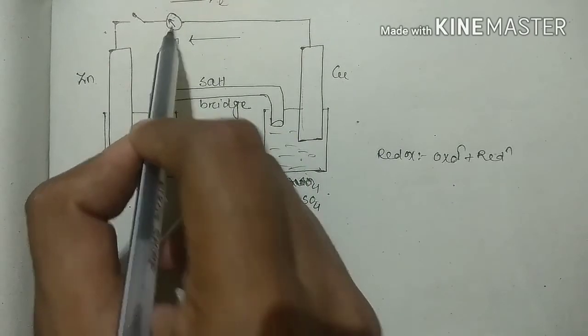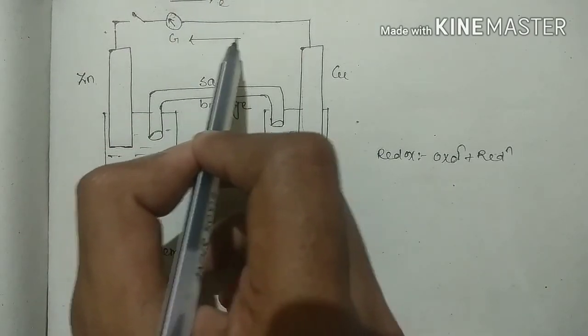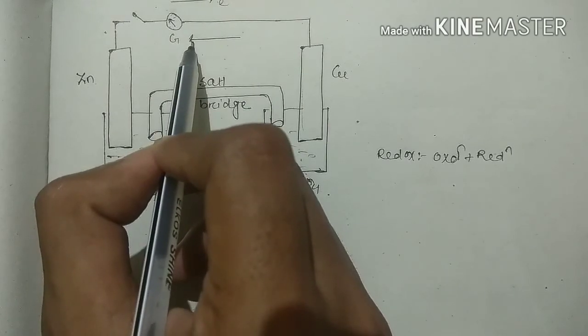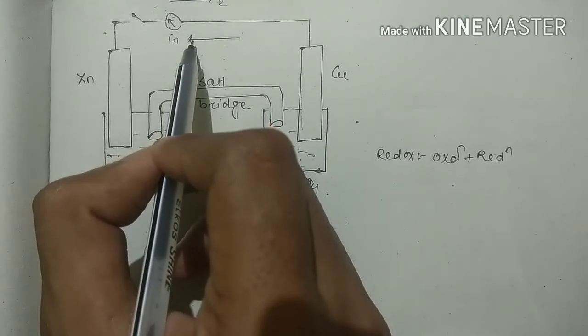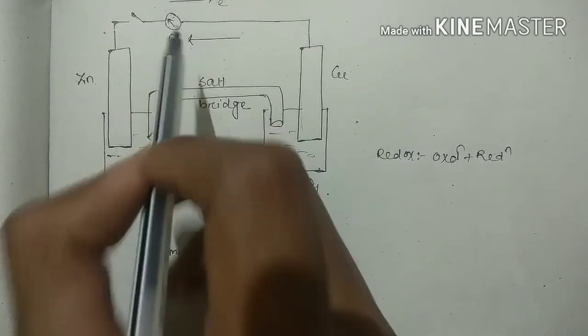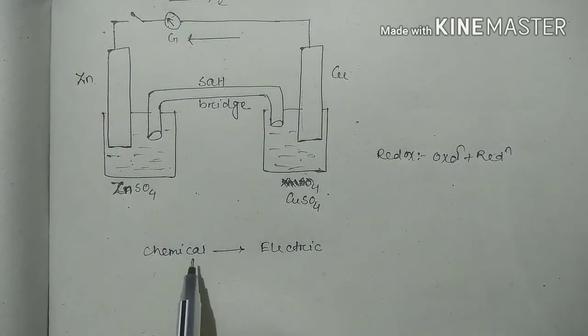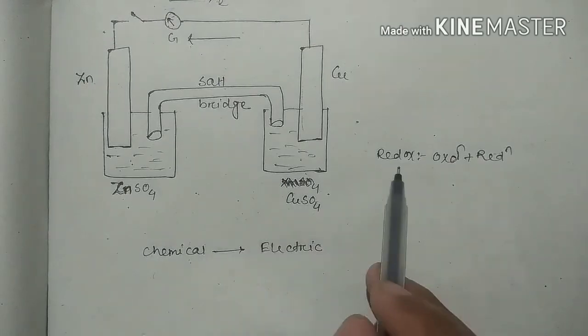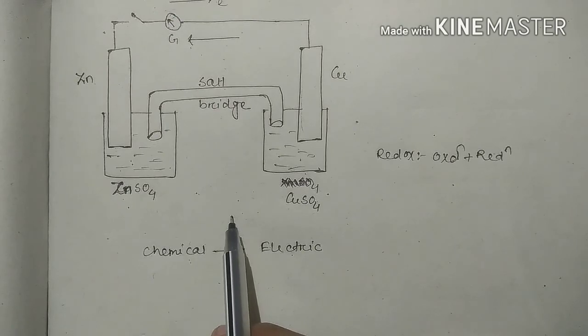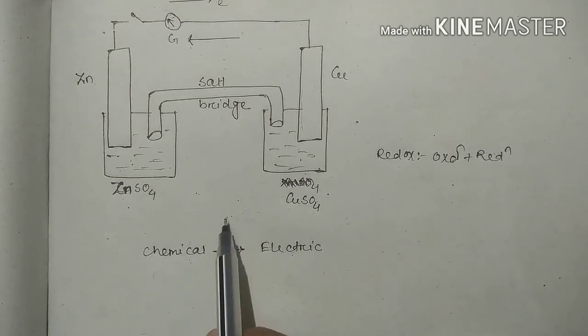So it shows the current is flowing, which means electricity is produced in this device. We can now see that the chemical energy liberated from the redox reaction is converted into electrical energy. So how electricity is produced in a galvanic cell is now completely understood by us. Thank you.